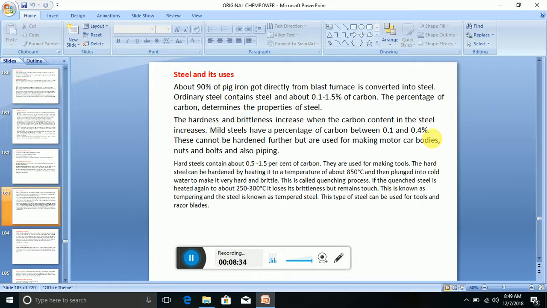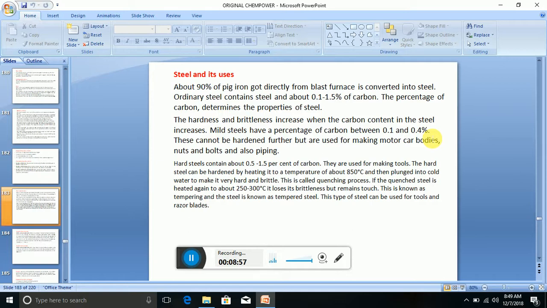These cannot be hardened further, but are used for making motor car bodies, nuts and bolts, and also piping. Hard steels contain about 0.5 to 1.5% of carbon. They are used for making tools.